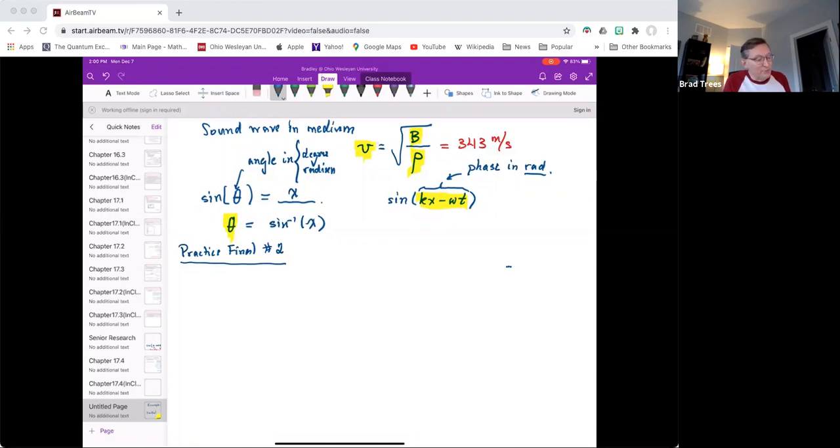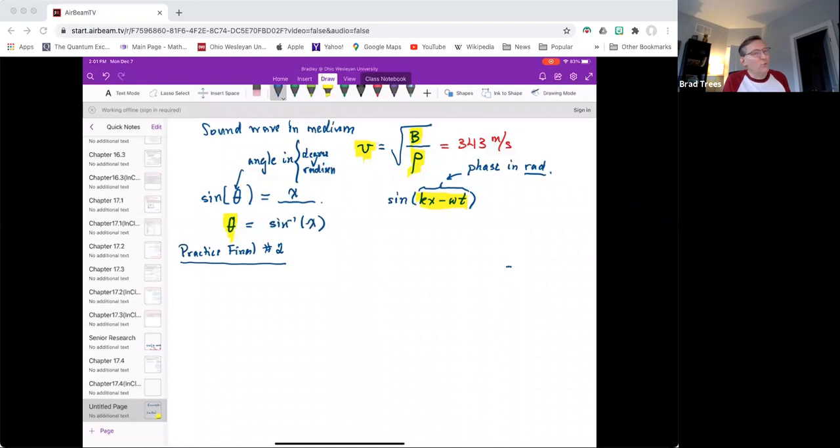The maximum transverse speed of the string particle at x equals 0 is u max equal to 16 meters per second. The wave function has the form y of x comma t equals y max sine of kx plus or minus omega t plus phi.